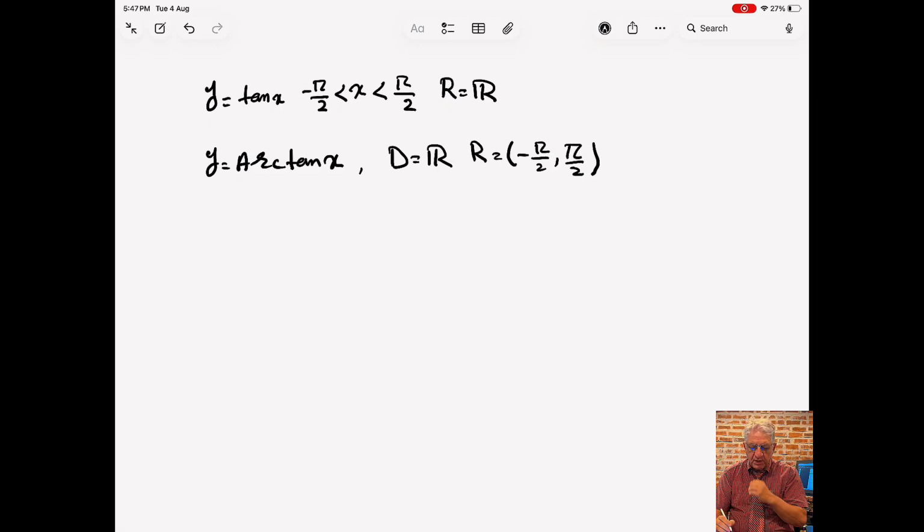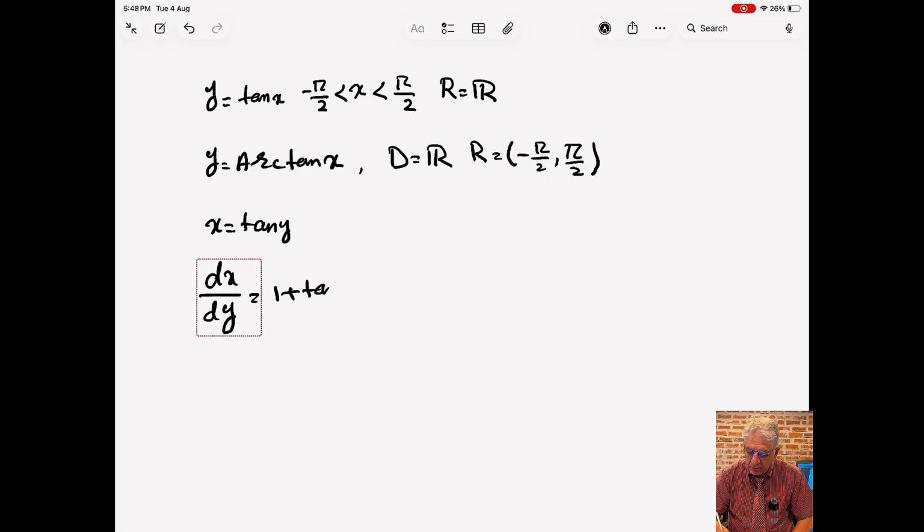Now, if you want to differentiate this one, we can say that x is equal to tan y. Differentiate x with respect to y, I'm getting dx by dy is equal to the derivative of tan y with respect to y, which is 1 plus tan square of y.